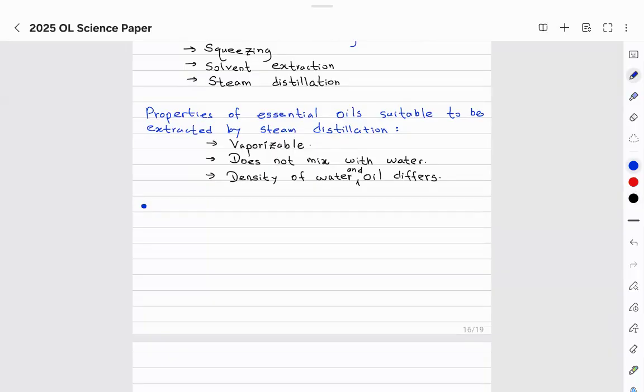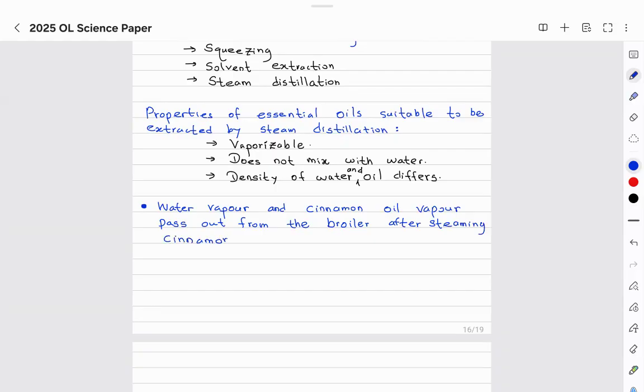The method in brief: water vapor and cinnamon oil vapor pass out from the boiler after steaming cinnamon leaves. We are taking cinnamon leaves, right? Or else we can take citronella also.